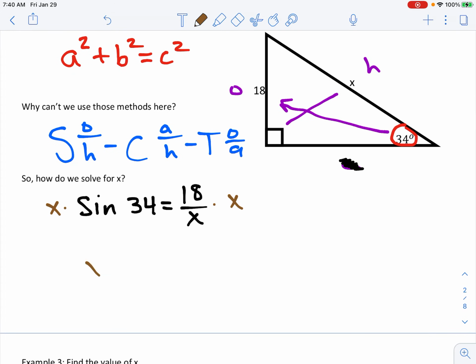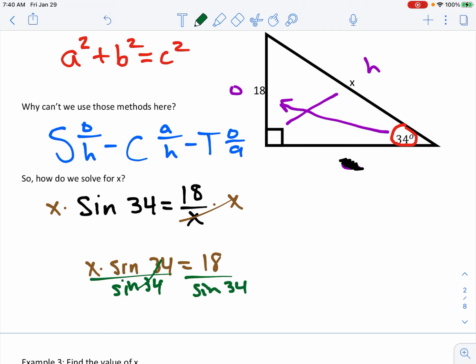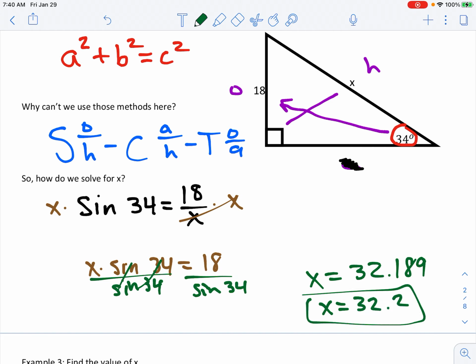This turns into X times sine 34 is equal to 18, because our X is canceled. Lastly, I'll get X by itself by dividing both sides by sine 34. I'll be left with X equals, and if you divide that, you get 32.189. So I'm going to call it X equals 32.2.